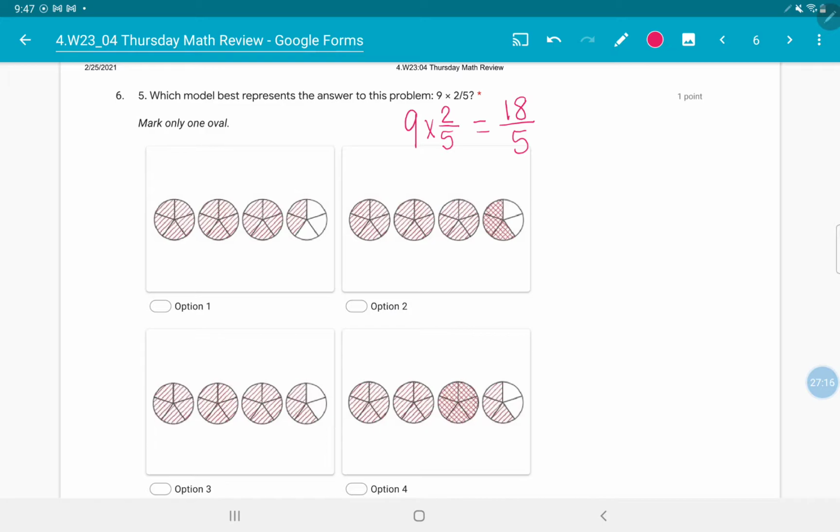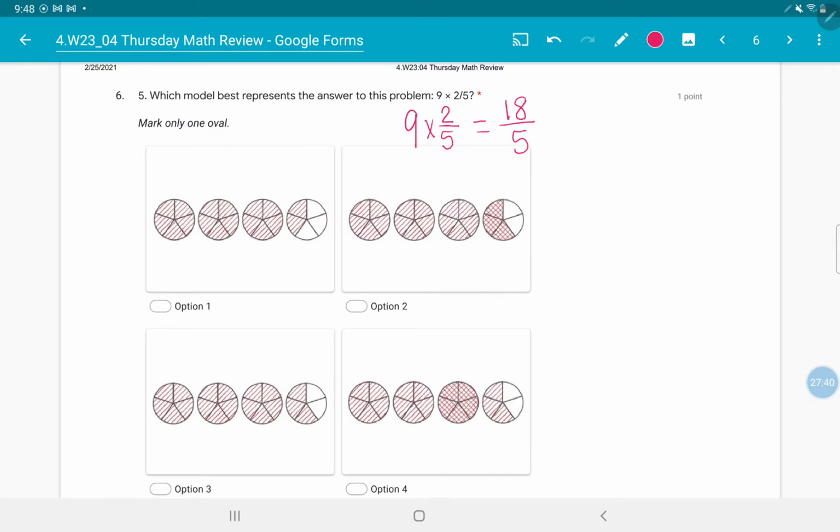So I can either look at this and count and see which one has 18 fifths, or I can also make it into a mixed number to make it a little bit easier to see. How many 5s are there in 18? There are 3. And how many more would I have? You would have 3 left over.